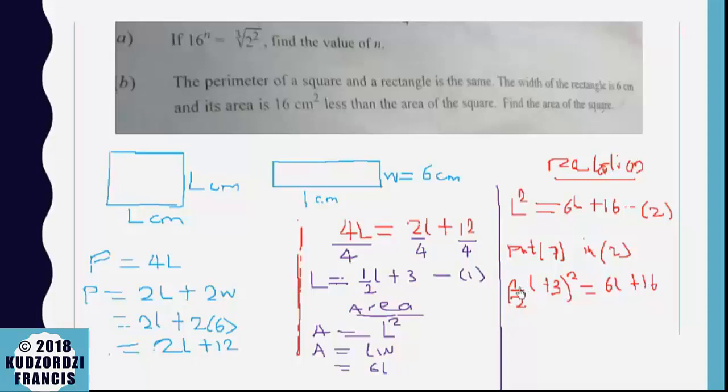If we expand this, we are going to get L squared over 4 plus 2 times L over 2 times this 3 over here, then plus 3 squared is equal to 6L plus 16.